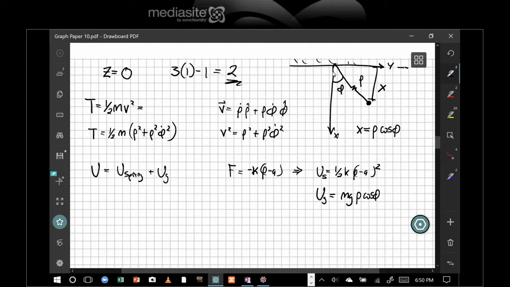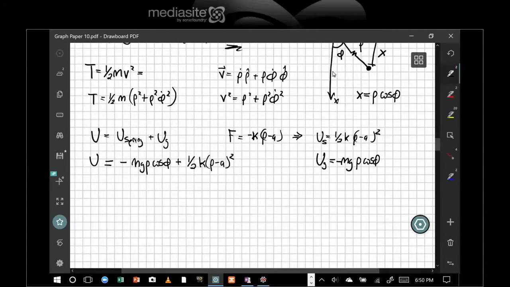So then the total potential energy is equal to, oh, by the way, it's minus because it's under everything. So it's going to be minus mg rho cosine phi plus 1/2 k (rho minus a) quantity squared.